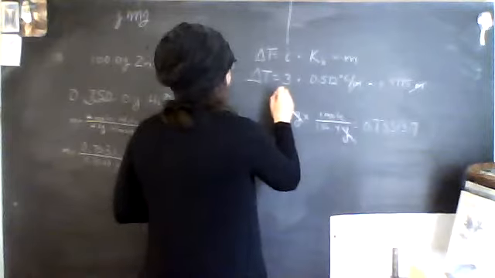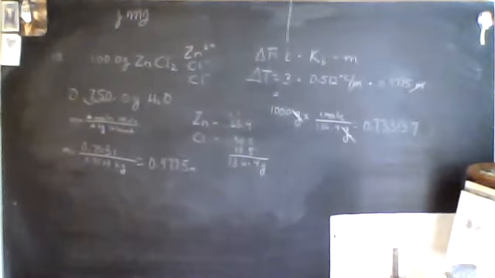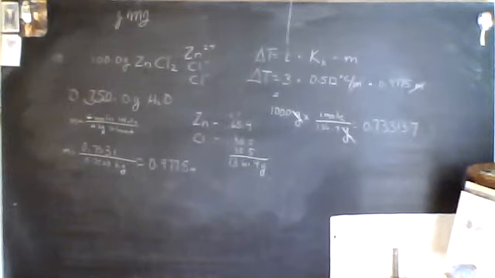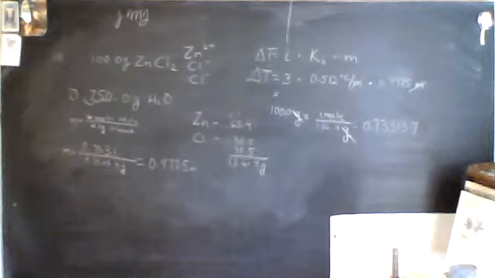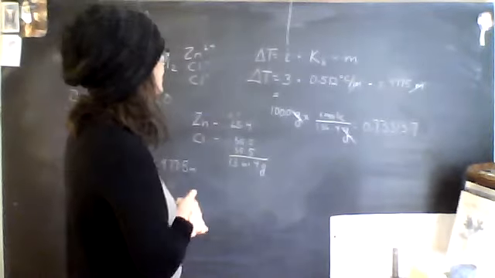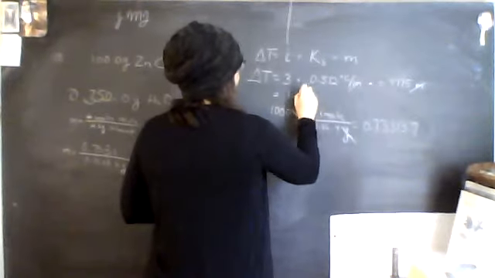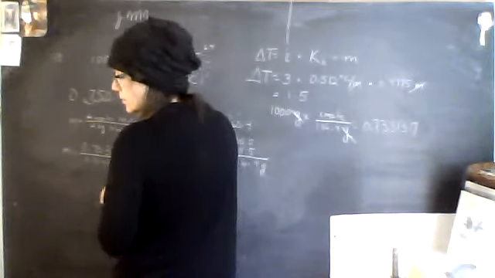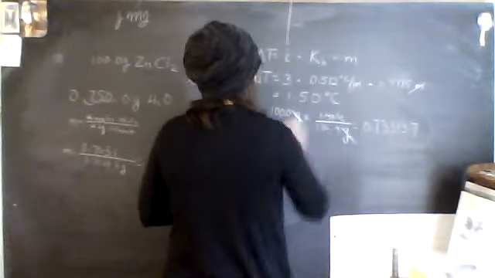It's 1.50144. We want 3 significant digits, so we're going to say 1.50 degrees Celsius.